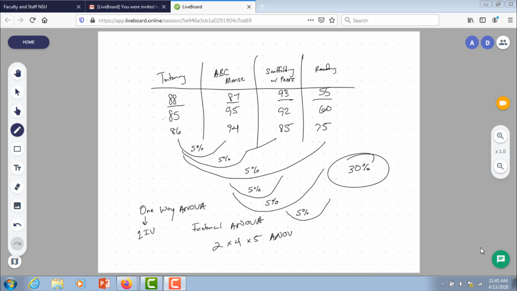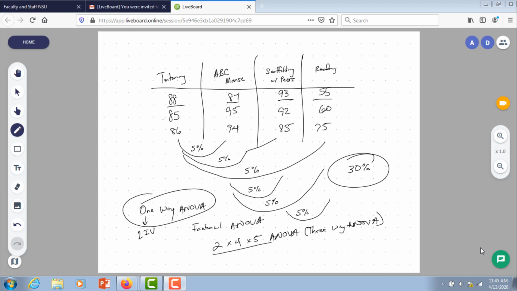That's an example of a factorial ANOVA. And this would be a three-way ANOVA. Okay, so it can get extremely complex. So what we're talking about in this course is just the foundation, just a simple one-way ANOVA, but it can get complex. You can have three independent variables with varying levels.